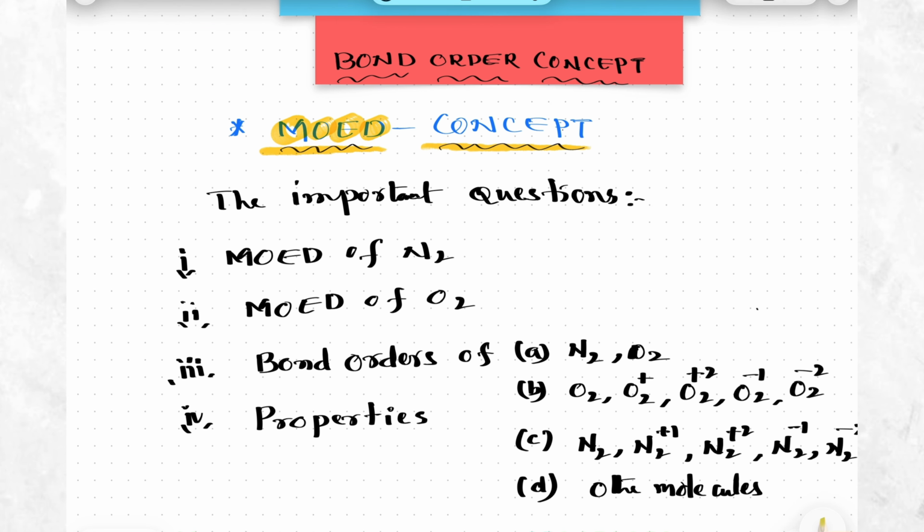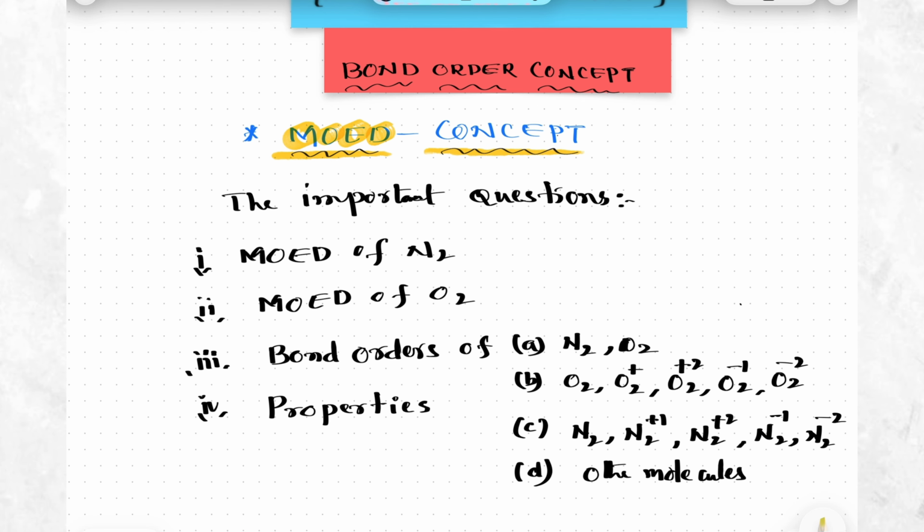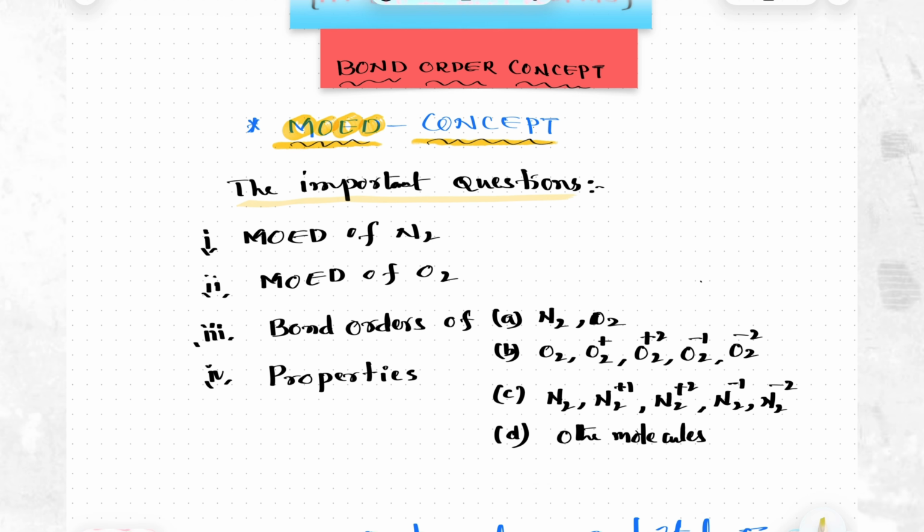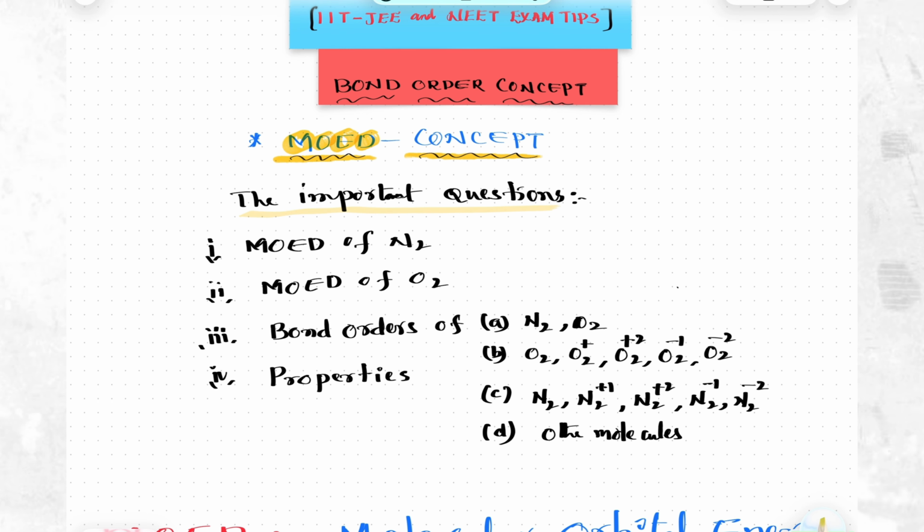All of you concentrate here. This is what we are going to discuss today. Important questions are asked based on bond order. See this, these are the insights. First, the MOED of N2 and MOED of O2, and the bond orders of N2 and O2, and the properties of bond order.